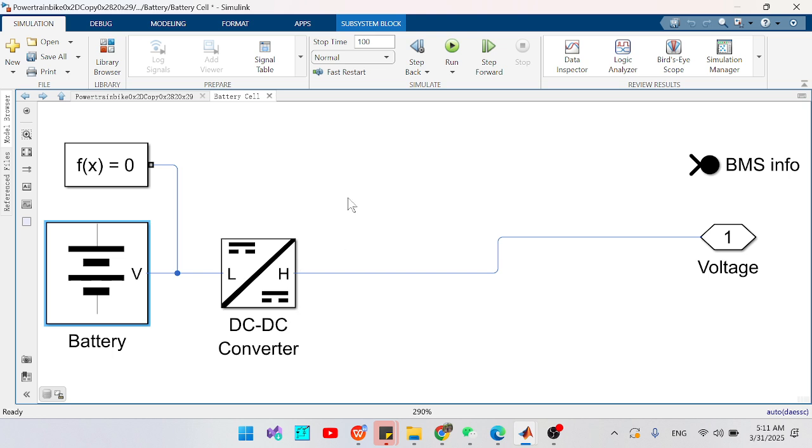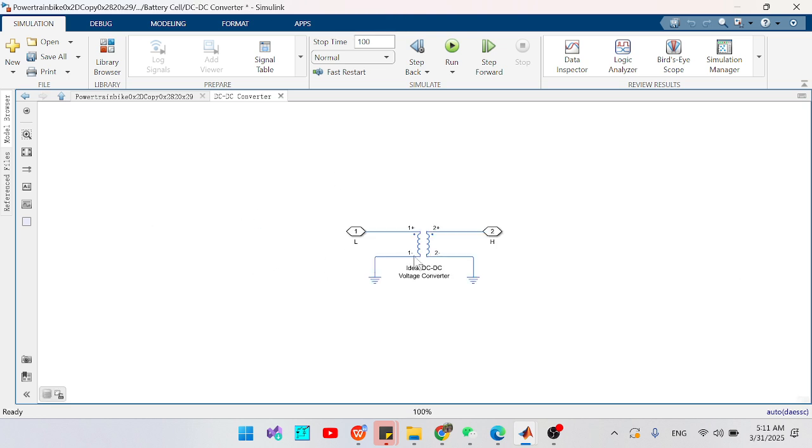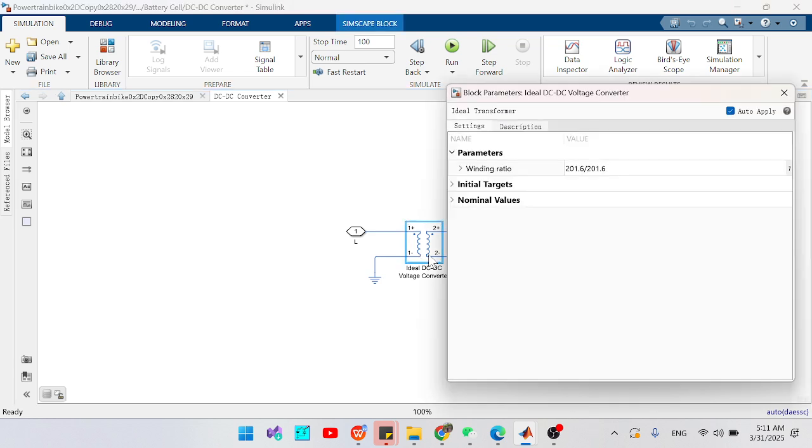So we have a DC-DC converter, but I keep this DC-DC converter as it is. There is actually no conversion going on. The power is the same, because in order to complete the model, we need a DC-DC converter here. I just keep the winding ratios the same, because I just need to send the signal of the voltage, and in this model the motor controller model is not very functioning.